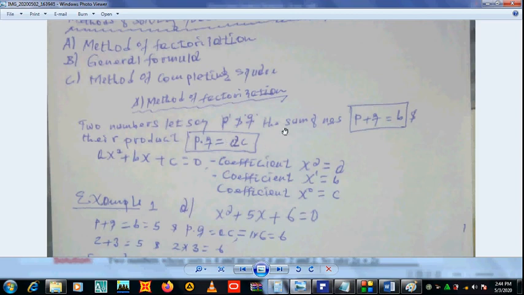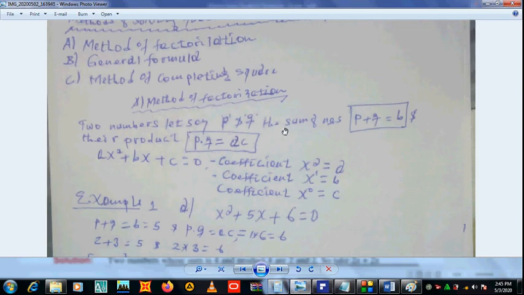The two numbers, their sum is b, the coefficient of x to the power of 1. Their product is ac. Mind it.